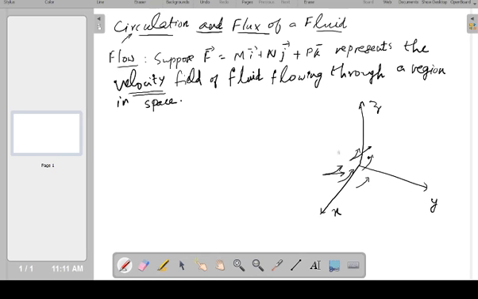I will use a different color. So this is vector F at this point, and this is vector F at this point, and so on.